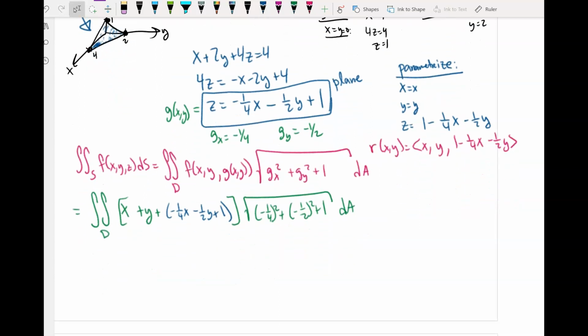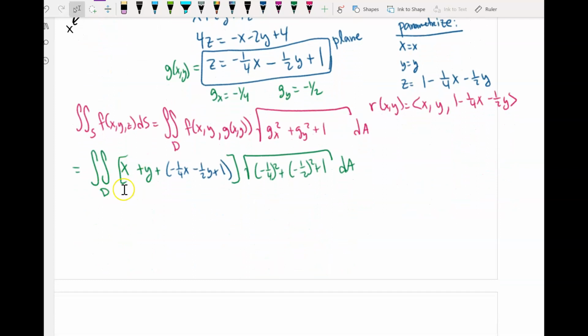All right, so now let's clean this up. It's better to just clean it up. This is going to give me 3/4 x, then 1/2 y, then plus 1.